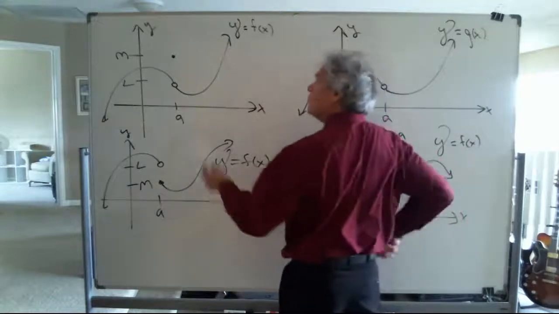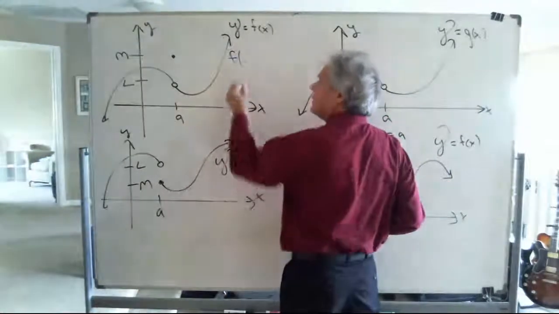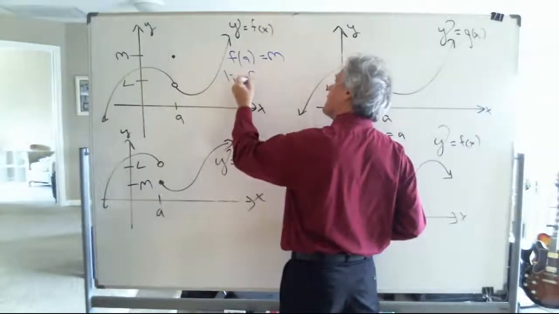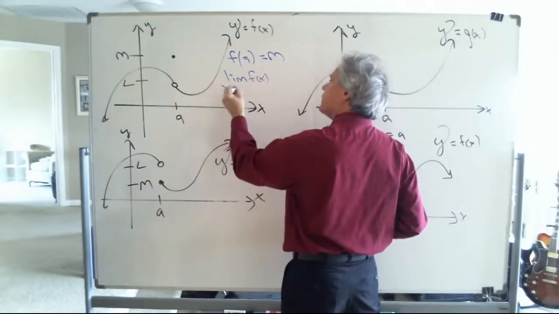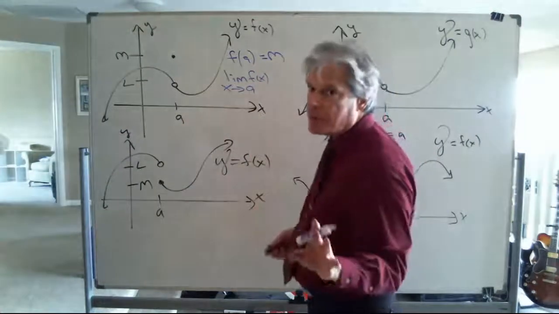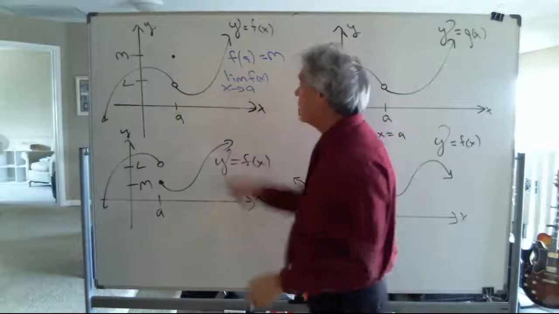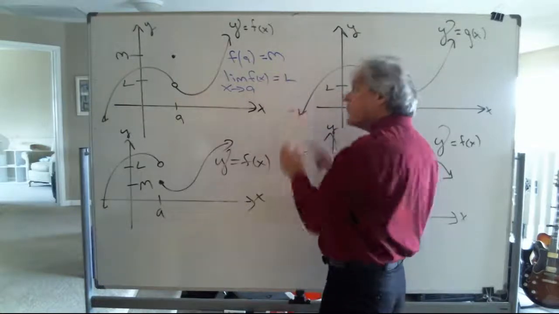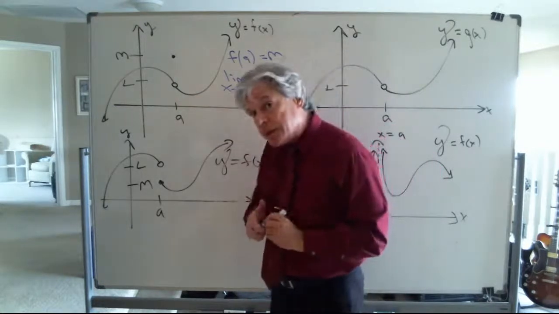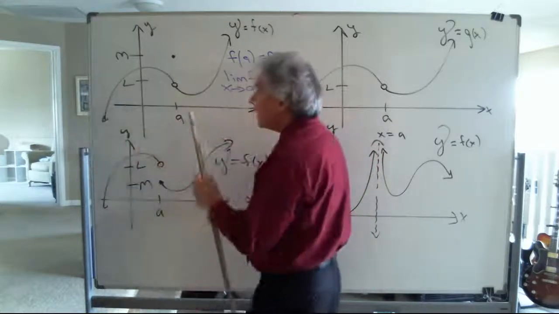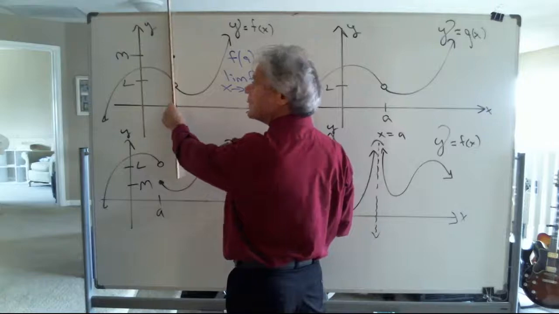So take a peek at my first pretty picture using my blue pen. It is not true that f evaluated at a is equal to m, but the limit of f of x as x approaches a is equal to L, because L is what you expect the y values to be as x gets closer and closer to a, but not quite caring what happens when x is exactly equal to a.